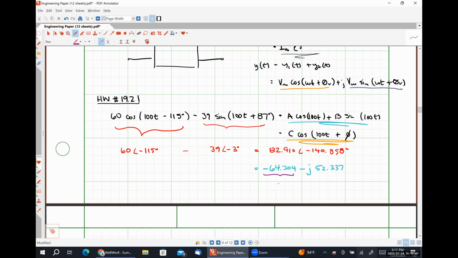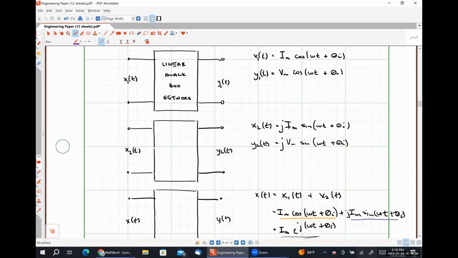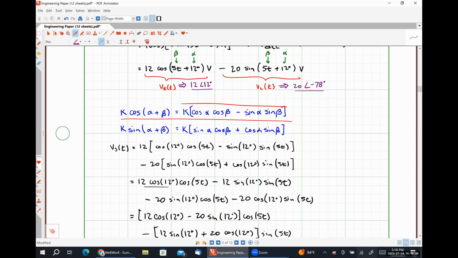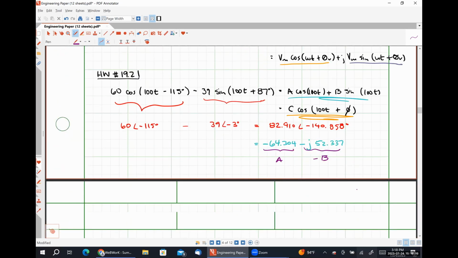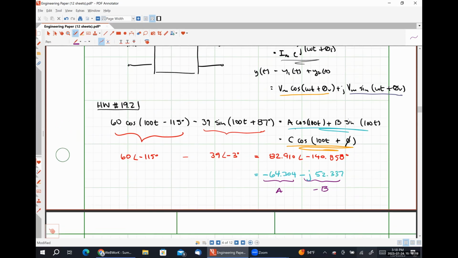This quantity right here is A, and this quantity right here without the j is negative B. The reason it's negative B is because of this trig identity. We get cosine minus sine, but here we are explicitly trying to find cosine plus sine.